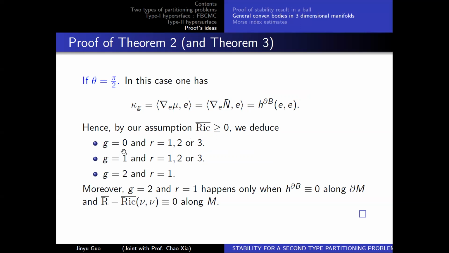We can imply the following 3 cases. And the last case happens when H equals 0 along boundary M, and the radial curvature minus the radial curvature of E bar equals 0 along M.